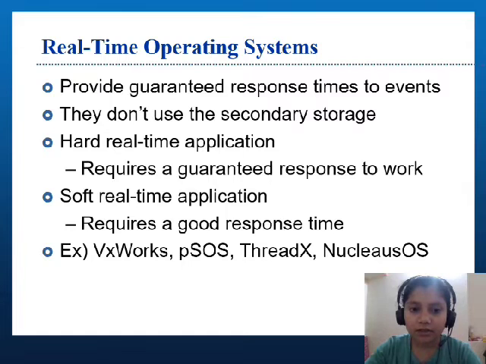Another one is soft real-time operating system, which is used in soft real-time applications that require just a good response time, not a guaranteed response. So here are some examples of real-time operating systems: ThreadX, Nucleus OS, VxWorks.